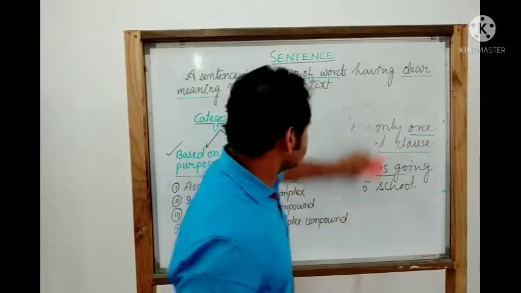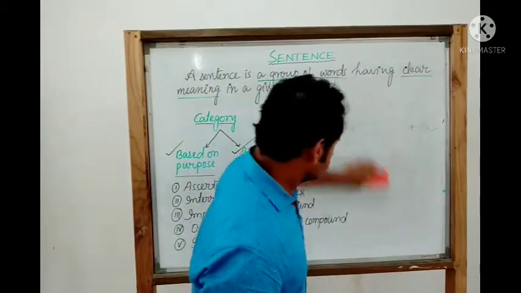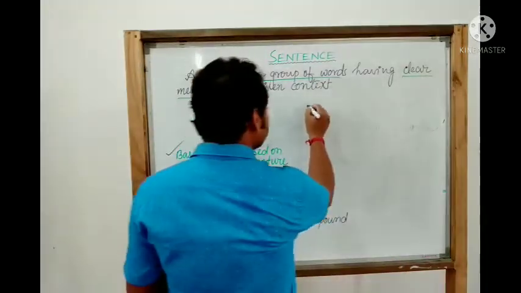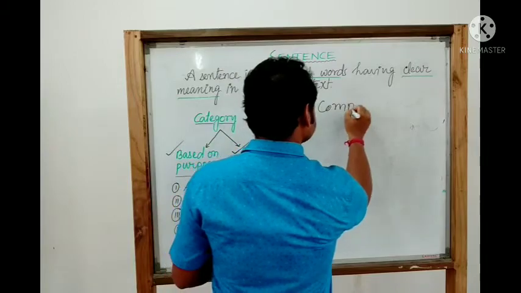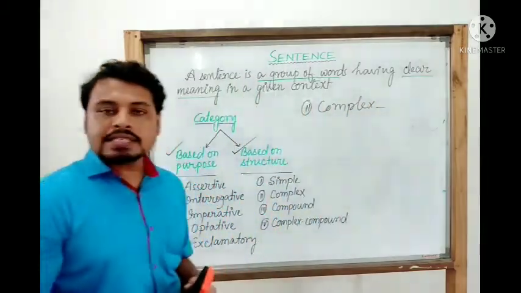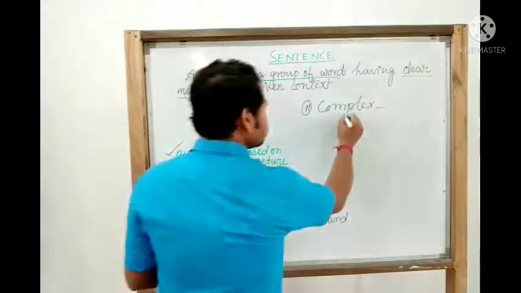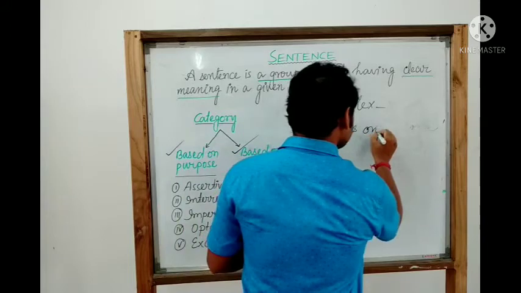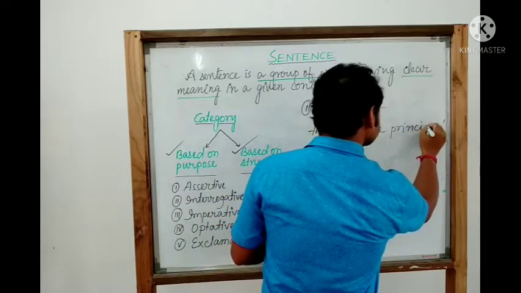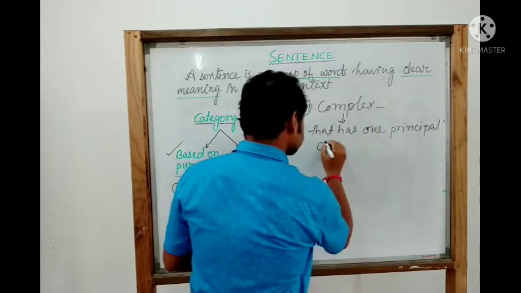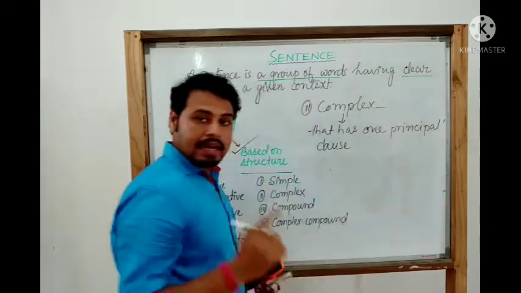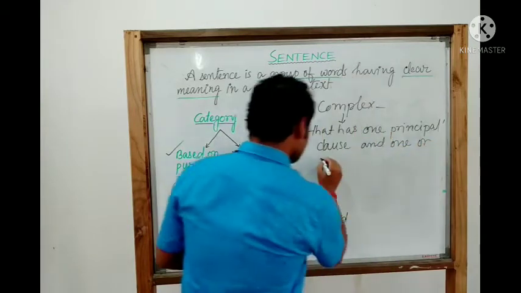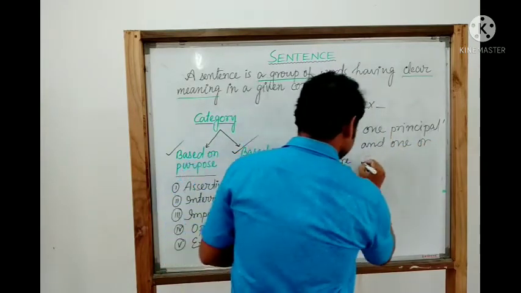Number 2 we have the complex sentence in our next type. Number 2, complex. A complex sentence is a sentence that has one principal clause and one or more subordinate clauses.